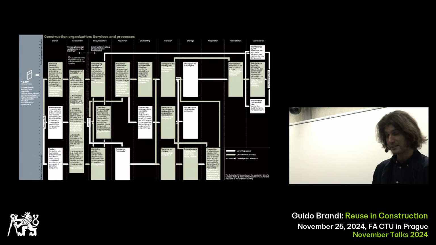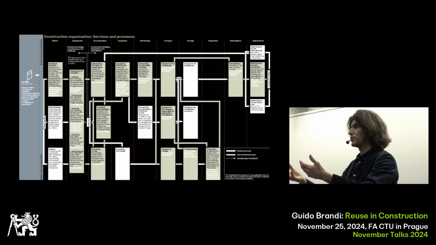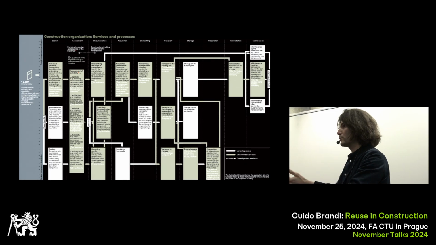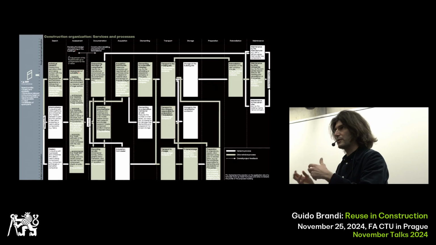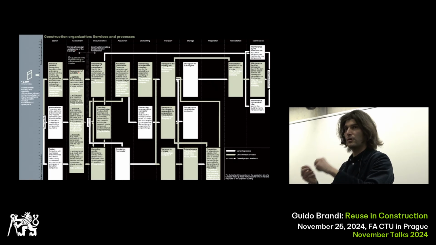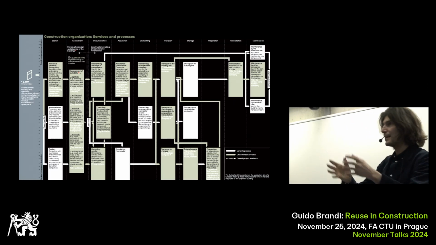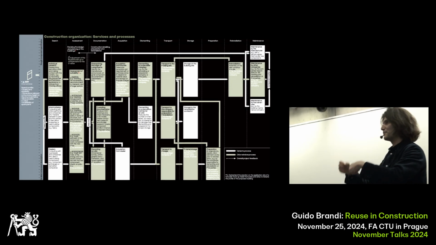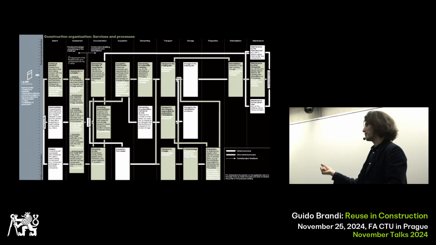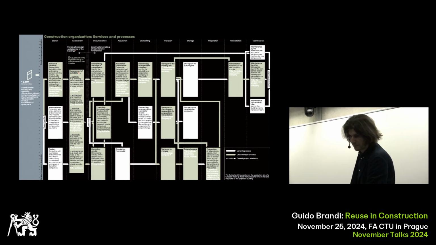Then you have to assess and document it. So you have to understand if a window has the good quality to be reused. There are different tests. Also construction physical tests for a window, the glass, the handle, and of course you can imagine every different element has a different test. It's different to test a steel profile than a window or a door. So the architect has to know much more when you want to reuse elements.